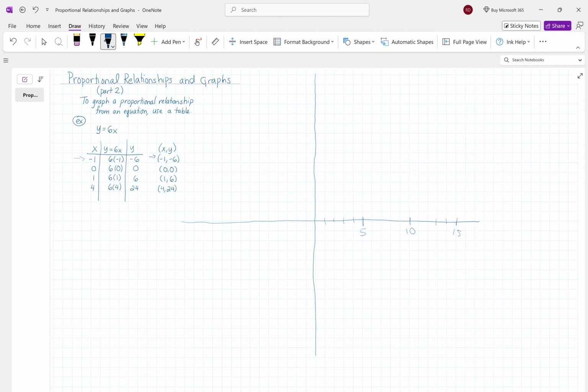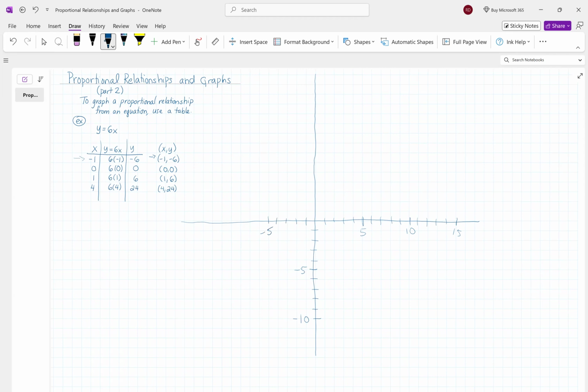And putting these lines in helps you sort of see it, but you could also skip those lines and just draw the lines every 5 if that feels like less messy to you. 1, 2, 3, 4, 5.